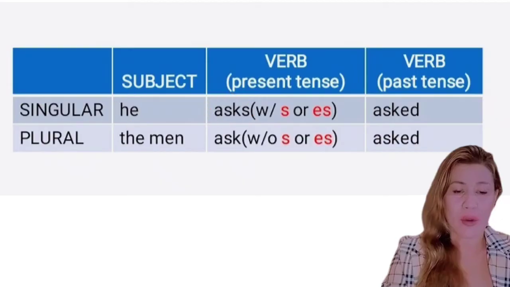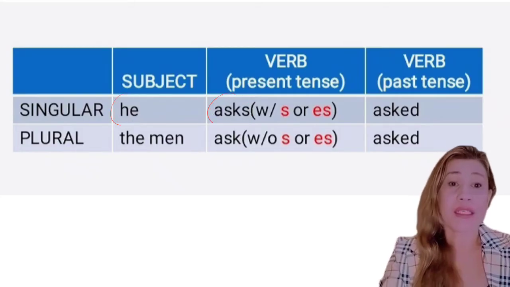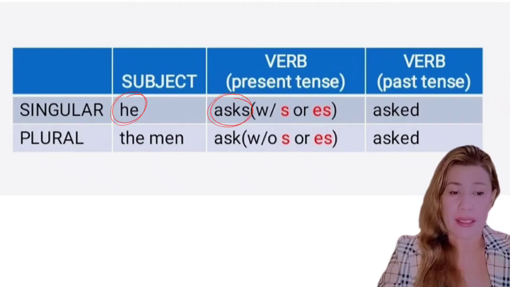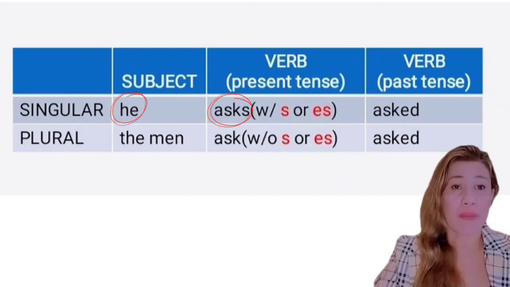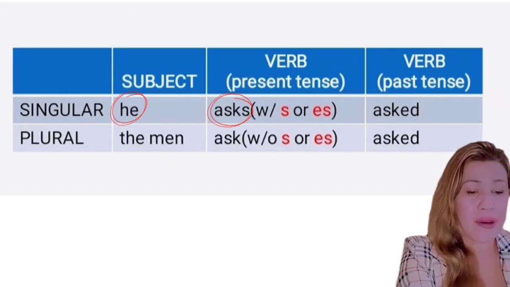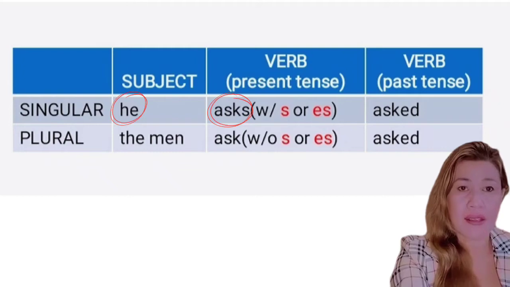Why is that so? Because the rule in grammar is if the subject is singular, the verb must be singular. And singular verbs generally have S or ES added to the base verb. So that's why you have asks here being paired with he, because he is singular.